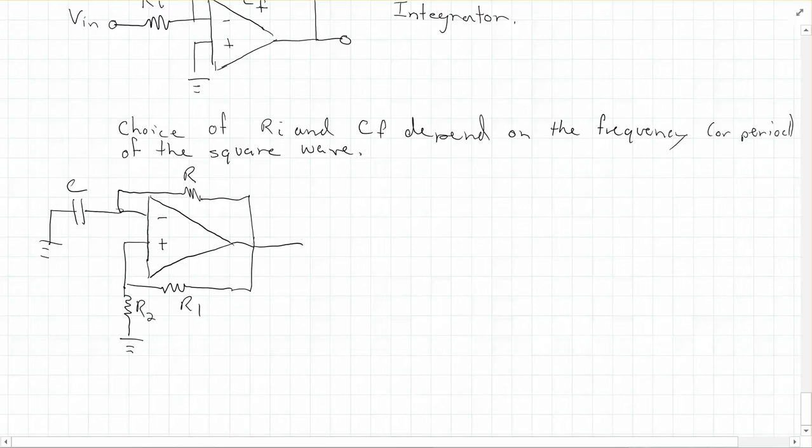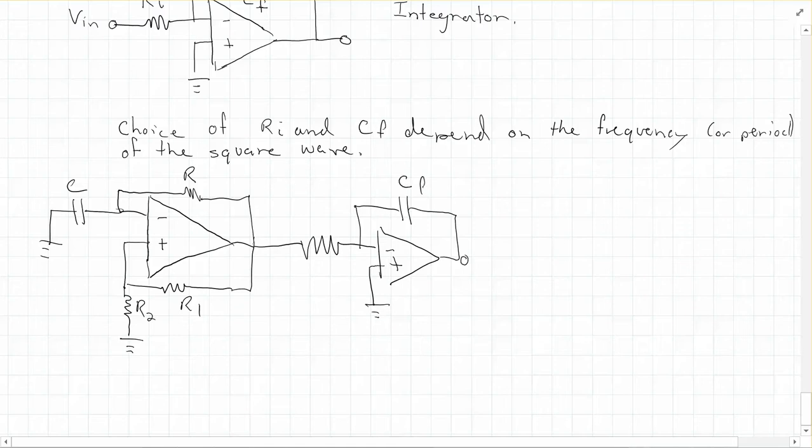And then I feed this into my integrator, Cf and Ri. So out of this, we're getting a triangle wave.